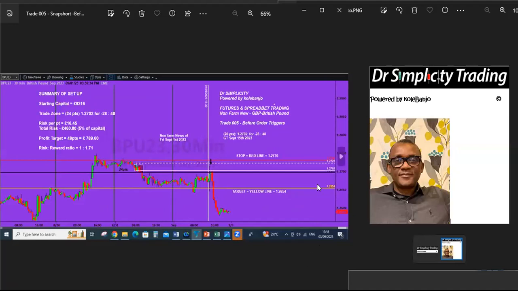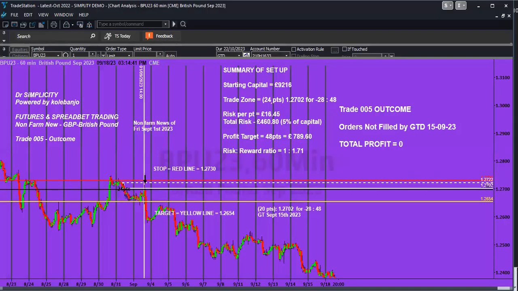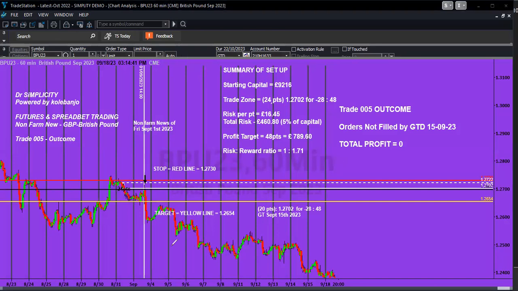Okay, great. So if I drop this down a little bit back to where it was before and bring on the trade outcome, what happened? How did this trade go? Let's have a look at the real chart. This is the trade outcome after we placed that trade on the 1st of September.